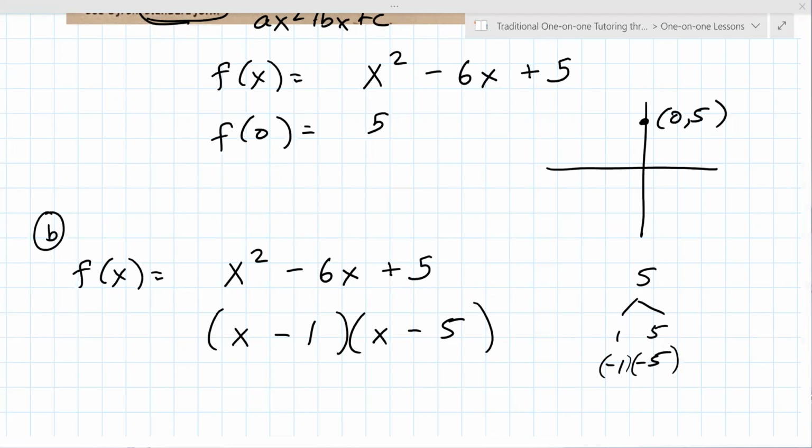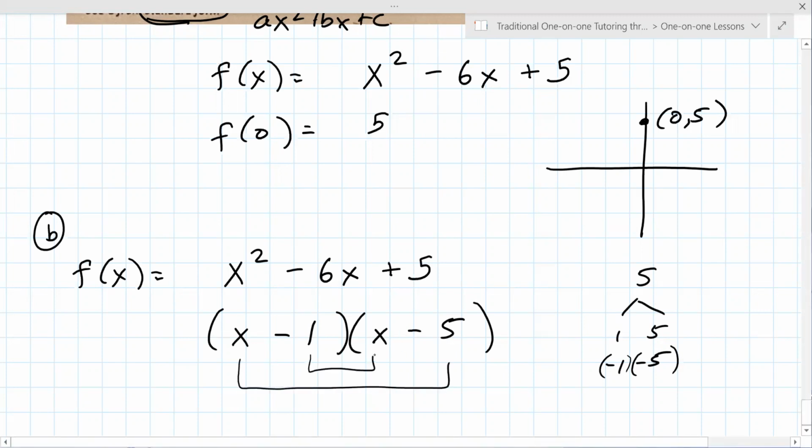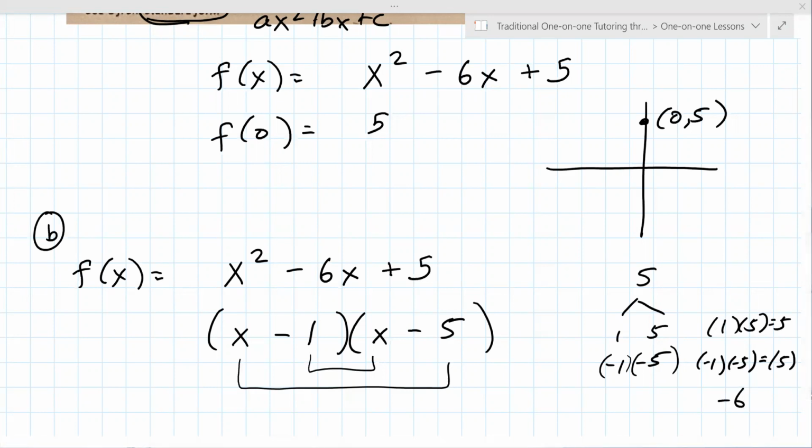Well, -1 and -5 add up to -6, so it does matter. These combinations, like 1 times 5 is 5, but adds up to 6. And -1 and 5 is 4. But -1 and -5 multiply to 5 also, and they add up to -6.